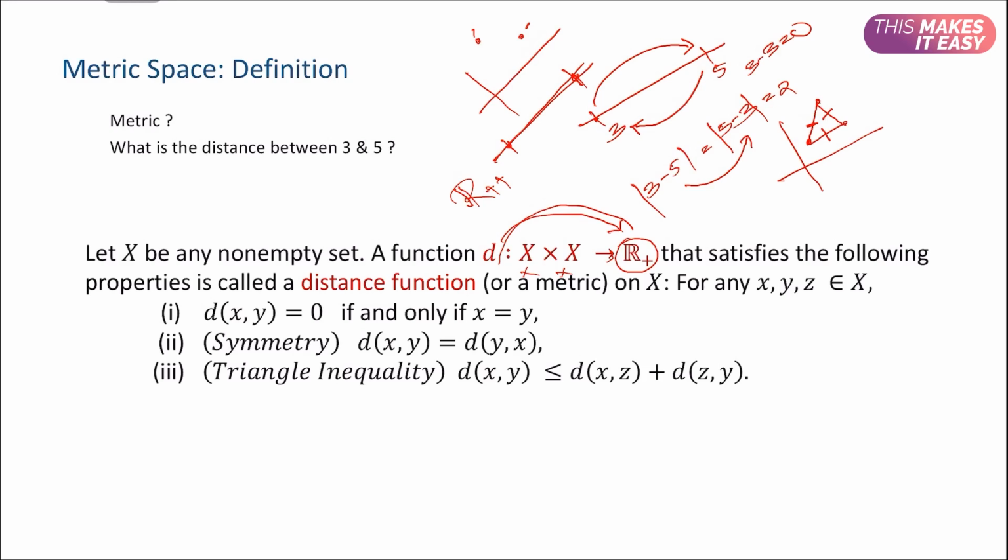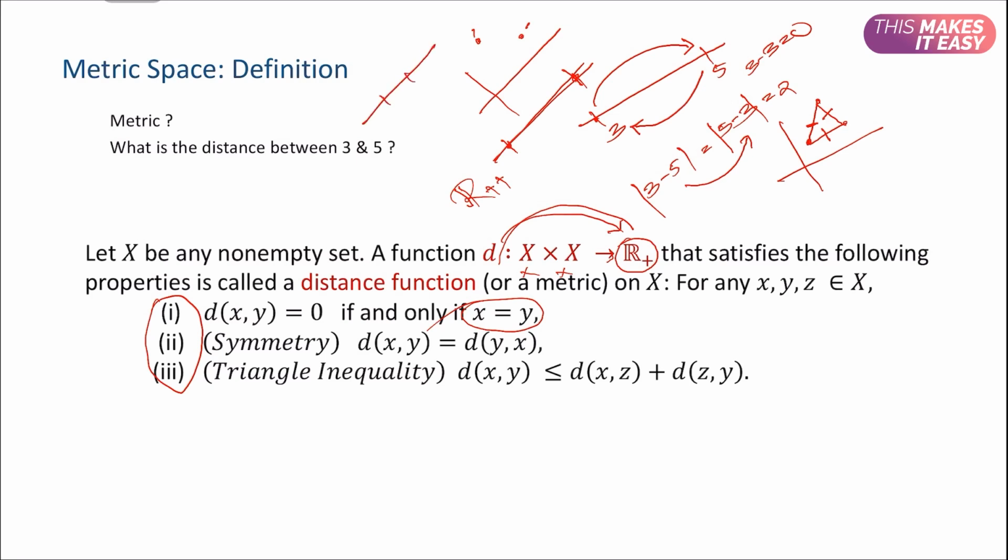If this is a function, and this function satisfies the following three properties, then that function is called a distance function or a metric function. The first property is that the distance between x and y is equal to 0 if and only if x is equal to y.